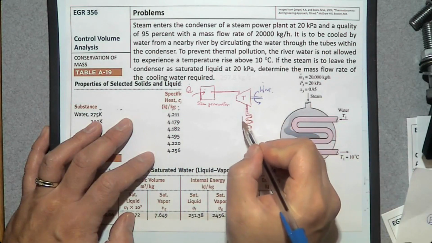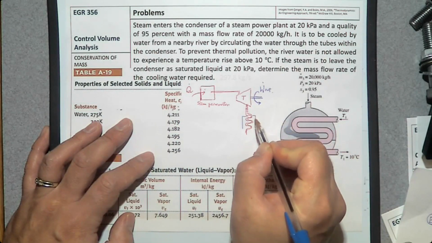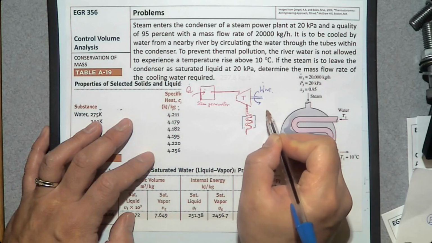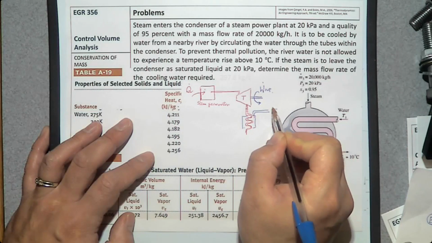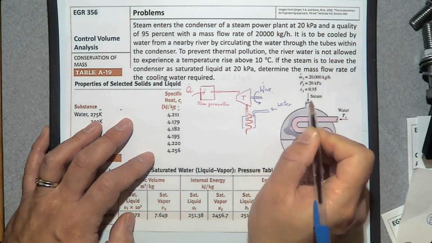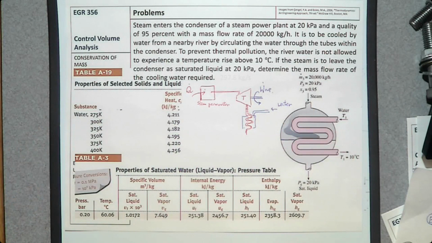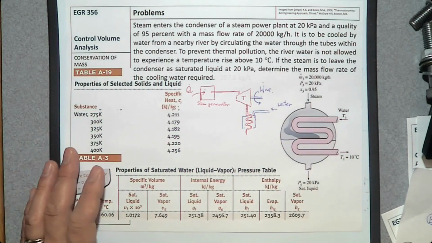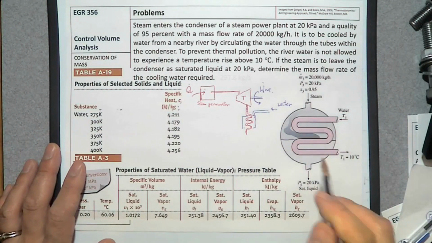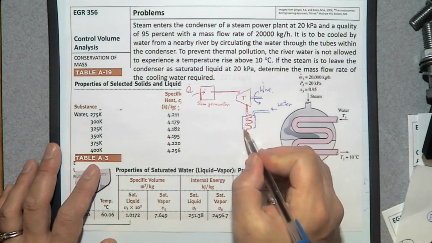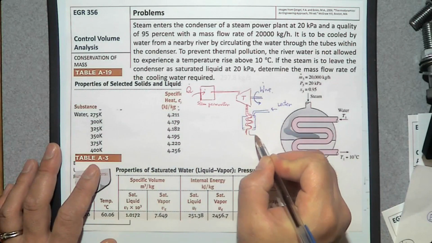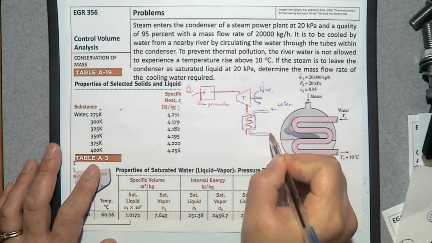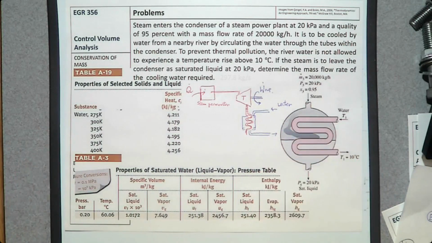Condenser means a heat exchanger where we pump water, a cooling water, that enters this condenser, so we can remove heat from the steam. And this cooling water is going to return back to the source, which could be a lake or a river or an ocean.